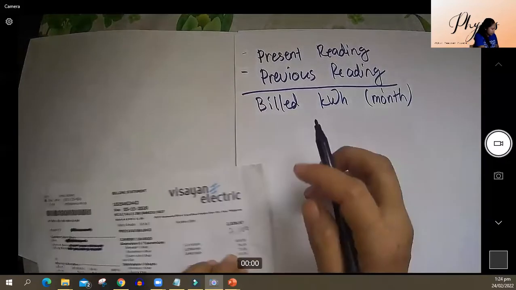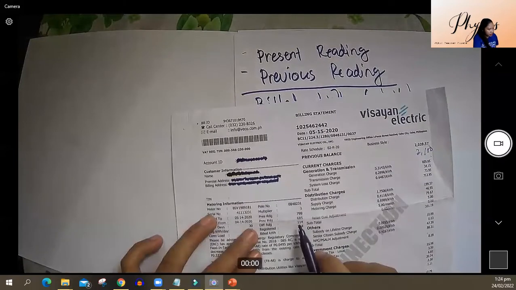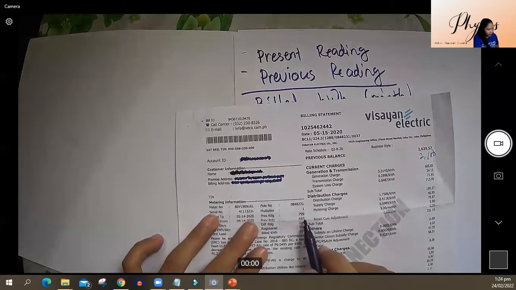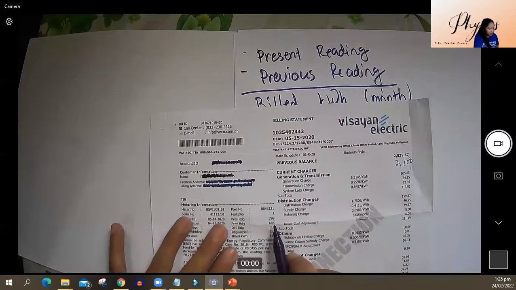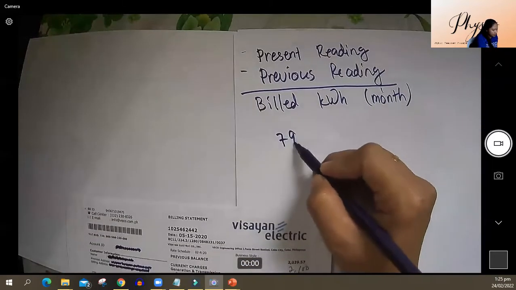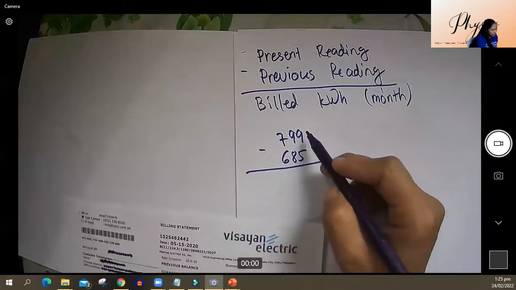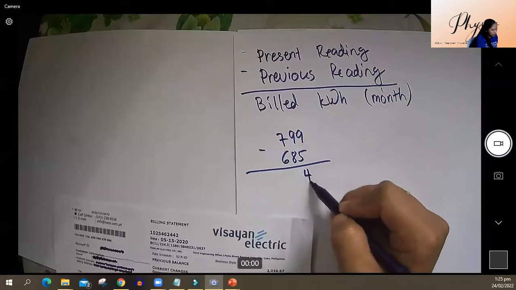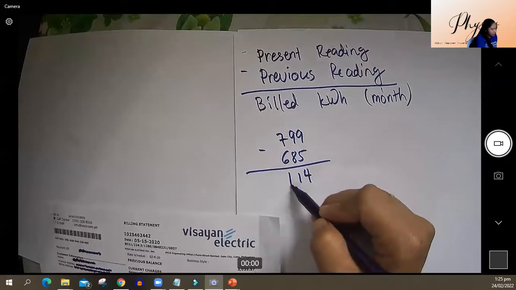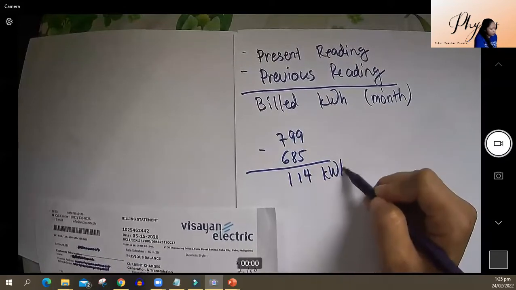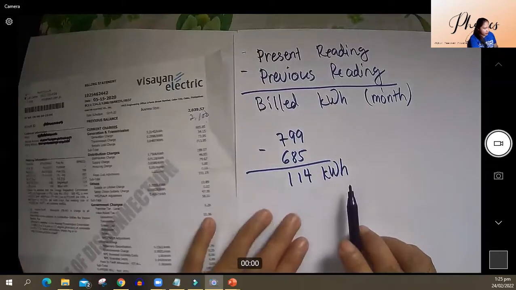Okay, so let's use the information here. Let's check if we got it right. 799 minus 685. So the difference will be 9 minus 5 is 4, and then 1. Okay, so that is 114 kilowatt hour.